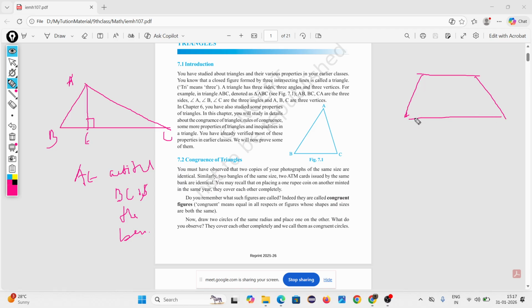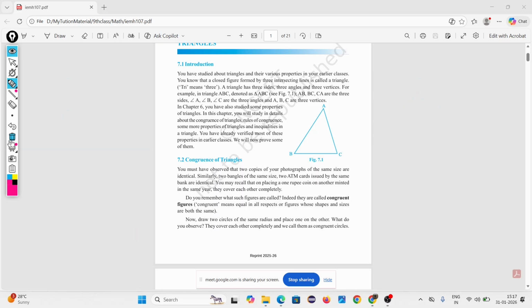That's why, when we are finding the area of the trapezium, suppose this is the perpendicular. What is the formula for the area of a trapezium? Half into the sum of parallel sides into height. Sorry, what is the formula for a parallelogram?